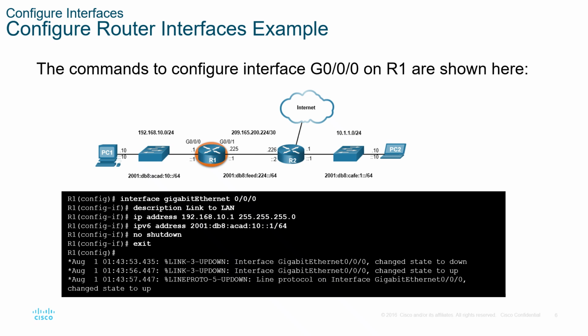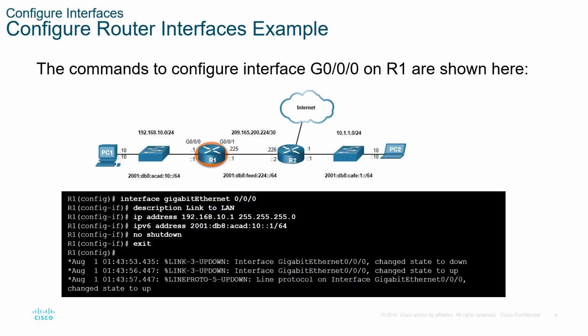But this is coming off of your router that you see here, gigabit G0/0/0. So I type in my interface, I get into interface mode, I put on my description, and I start to configure my interfaces. I go into interface G0/0 first, I give it an IP address, a subnet mask, I give it my IPv6 address and its associated prefix, and I do my no shut, I do exit, and I'm back waiting for the next point.